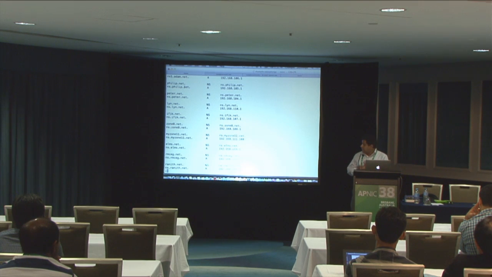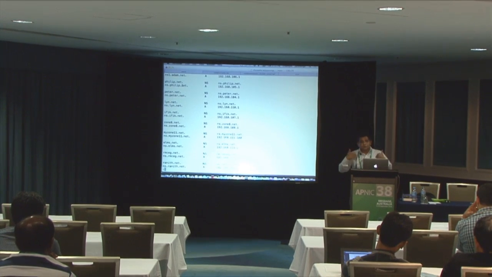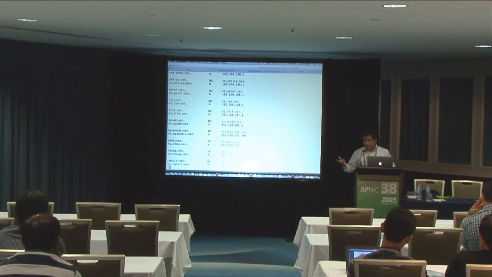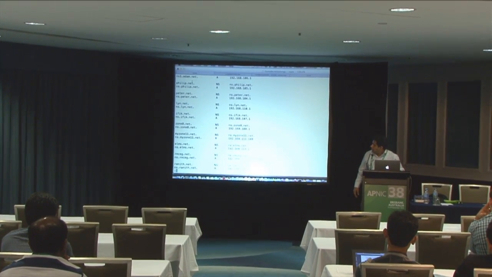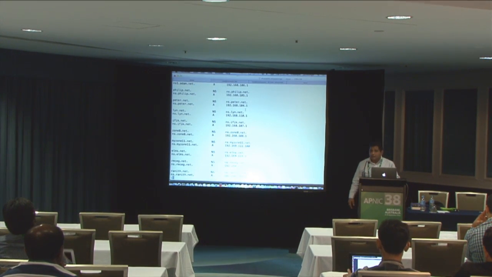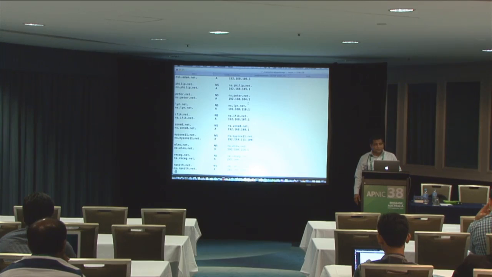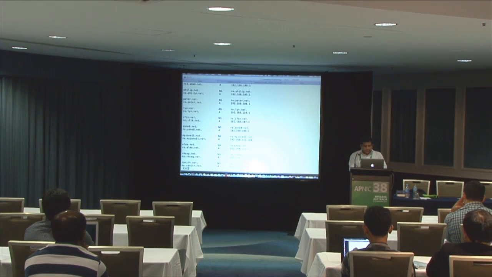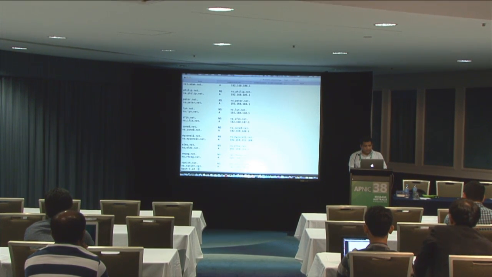Different organizations can have different delegations from me, anything .NET, okay? So these are all those delegations, and then I can have different name servers and the respective IP addresses and so on, okay? So these are for the .NET.